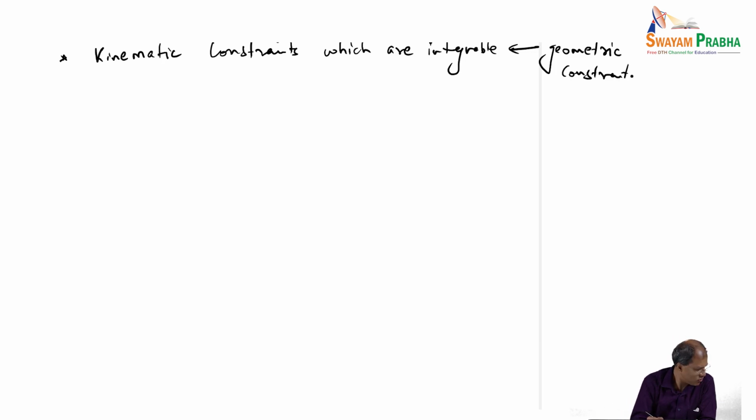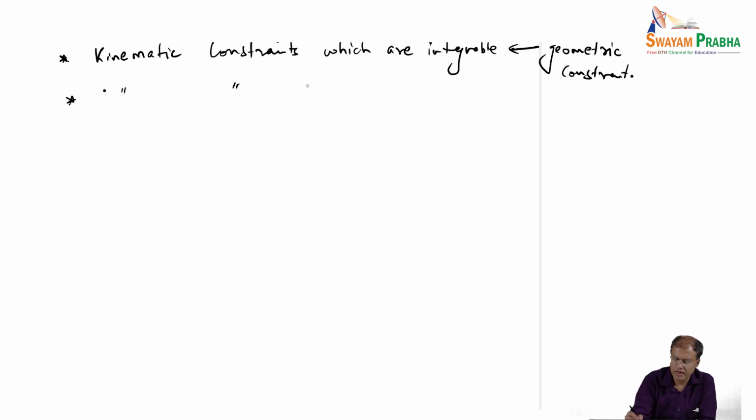So this is one point. The other point is that kinematic constraints themselves cannot be added by some new set of generalized coordinates. They must be involved as an extra equation along with the equations of motion.